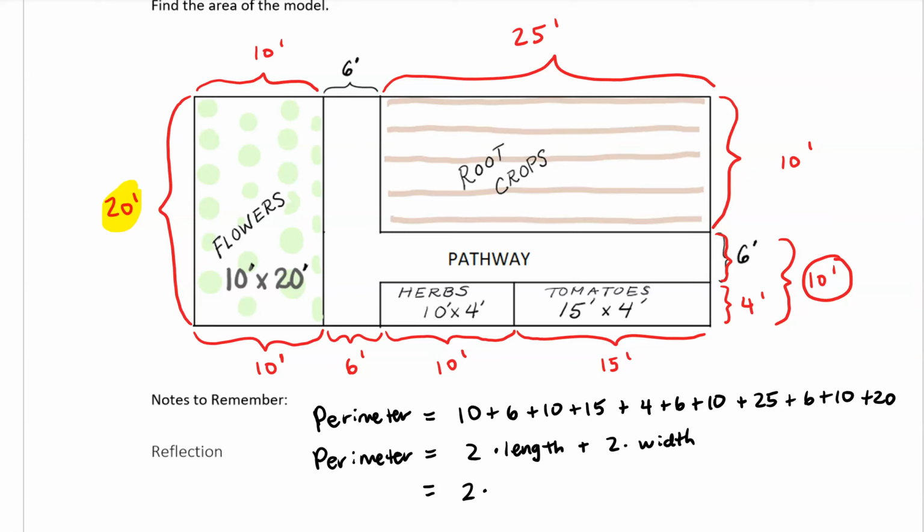So we could do 2 times 20 plus 2 times the width. And there's a couple ways we could get the width. We could look at the top, so we could add 10 plus 6 plus 25, and then that will give us the width of the garden. So 10 plus 6 is 16, and 16 plus 25 is 41.